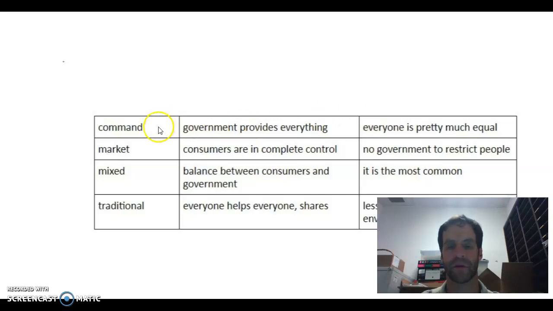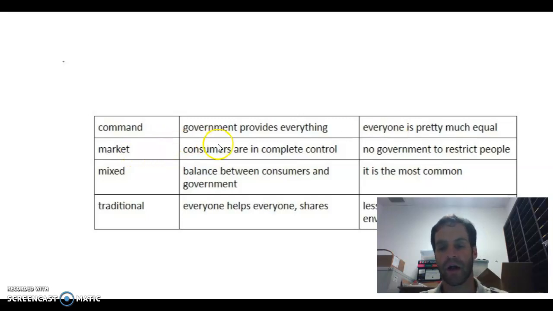So benefits of the command economy. The government provides everything, and everyone is pretty much equal. There's very little choice, but that just means that people are living on the same level. You don't have upper class, middle class, lower class.